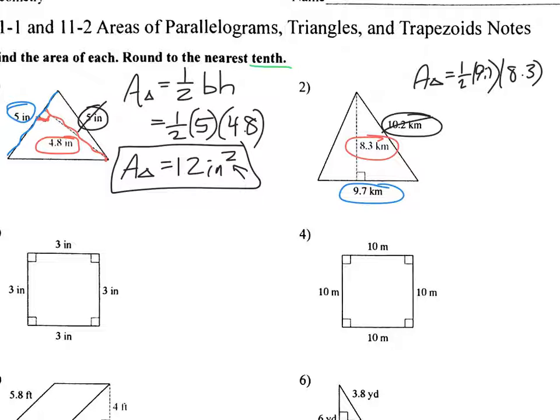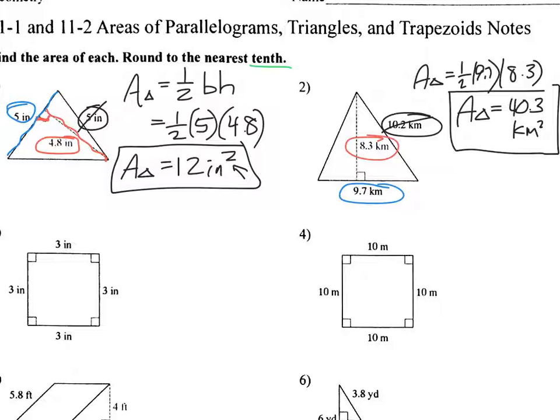Okay, so again, type that in, times 9.7 times 8.3, and we get 40.3 if you round it. 40.3, and this is in kilometers squared.